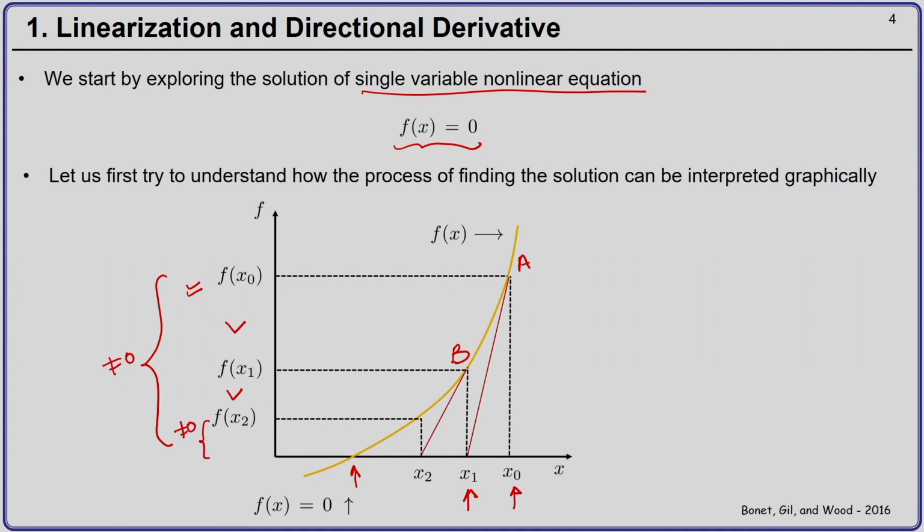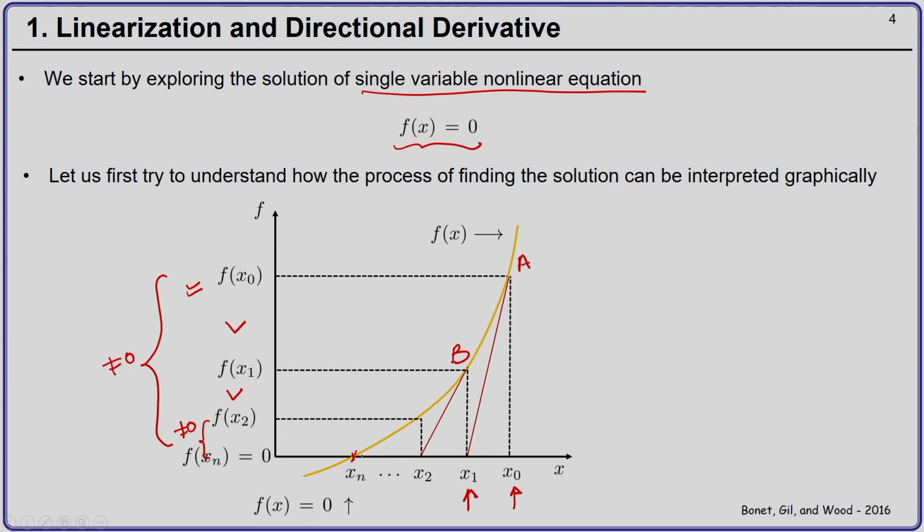So on, we keep on repeating this. We go to x 3, x 4, and we keep on doing this till we reach our point of interest, which is this solution.